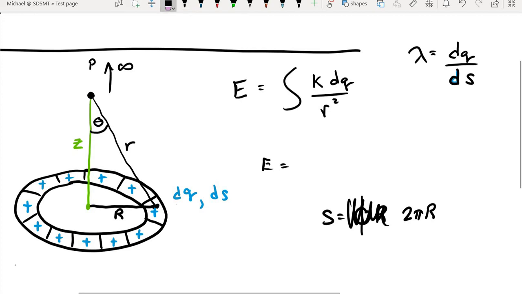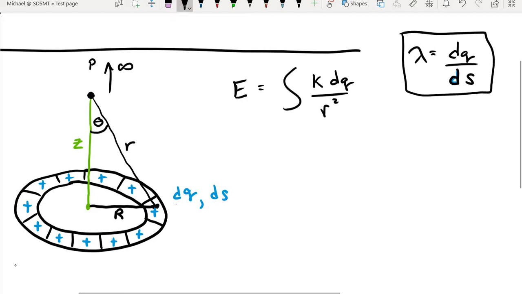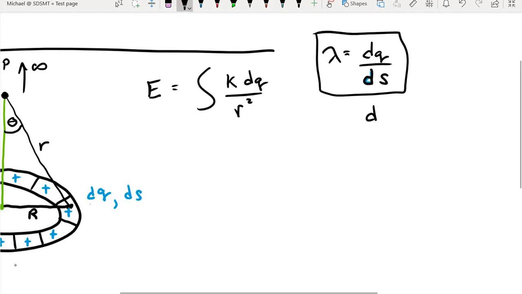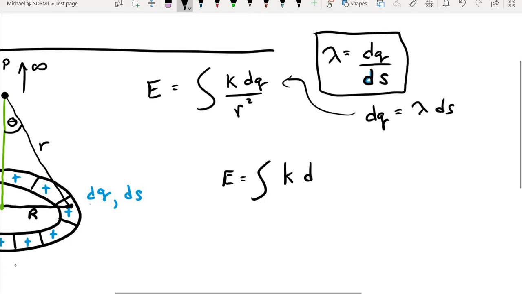All right. But now that we have this means of describing how our charge is distributed in the system, we can substitute that into our expression. So we're pretty much doing exactly what we did with the line of charge. We're looking for a more appropriate variable that we can integrate everything with respect to.